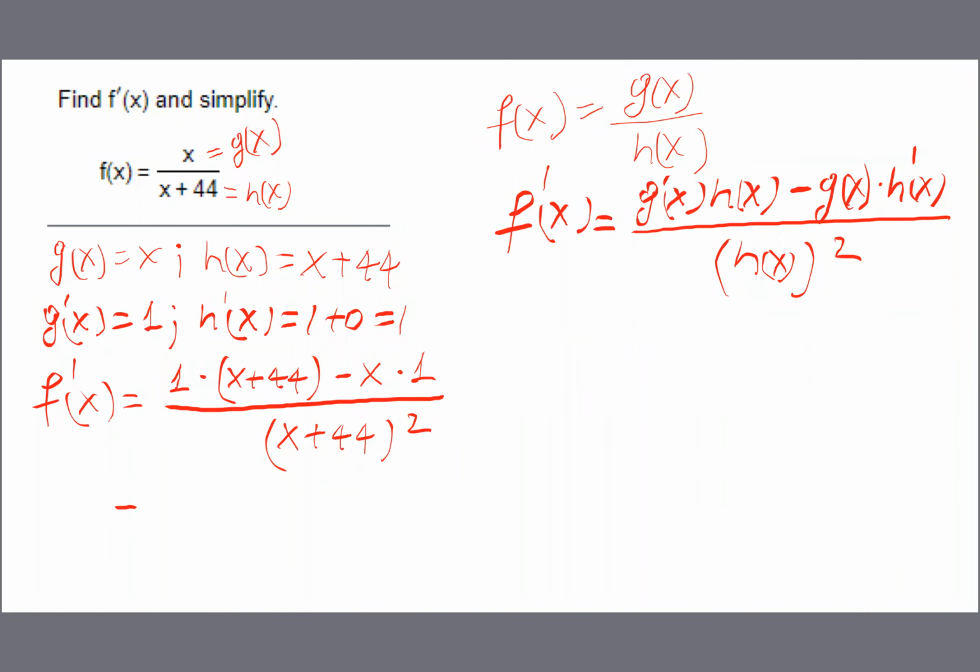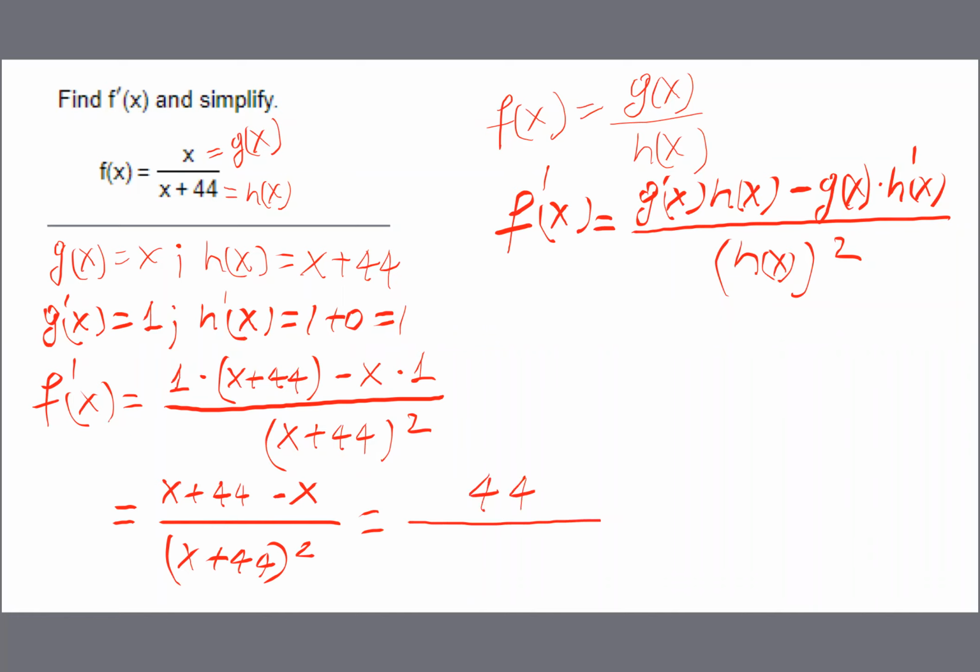Equals 1 times x plus 44 is x plus 44 minus x over x plus 44 squared. And this simplifies to 44 over x plus 44 squared.